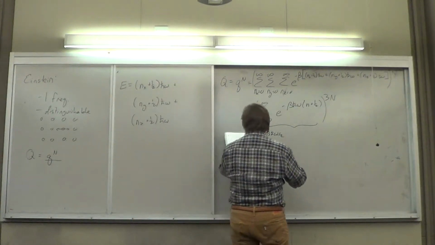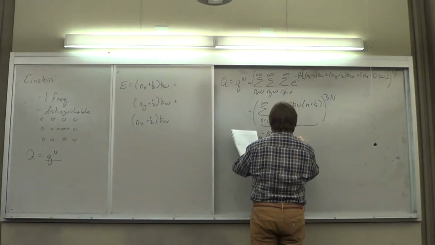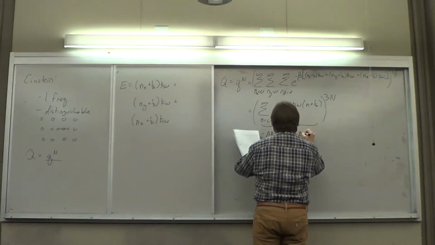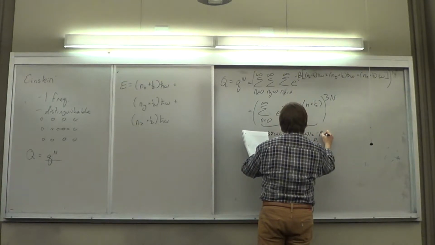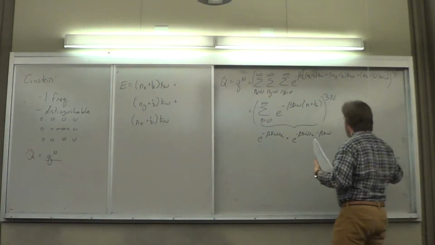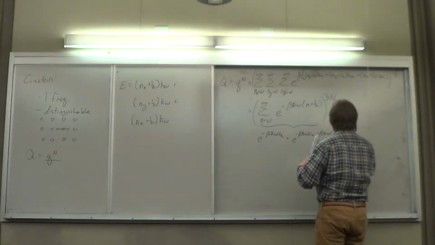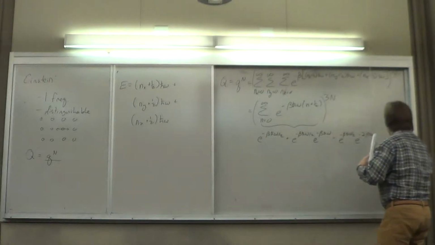Then let's do the next energy level. I'm going to factor out the zero point energy and multiply that by the first quanta of allowed energy, and then again factor out the zero point energy, multiply that by the second quanta, and on and on and on.